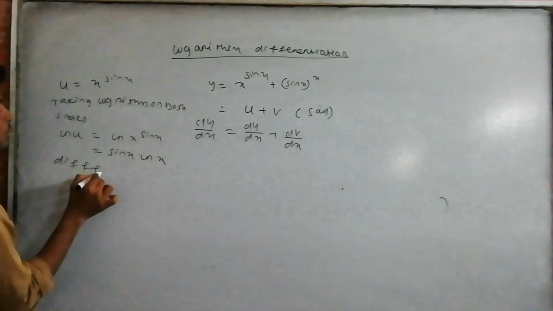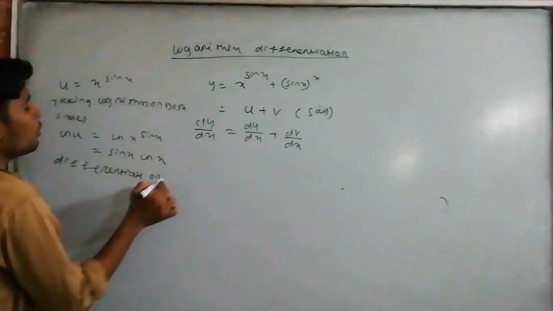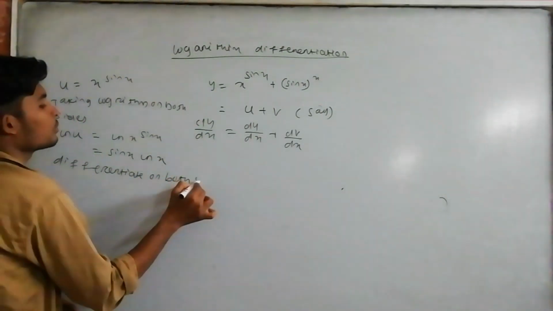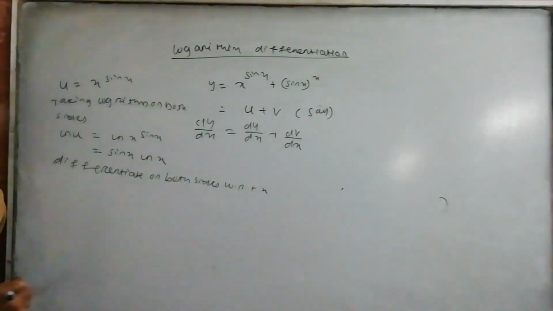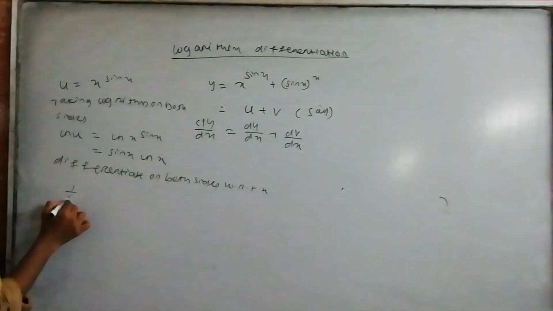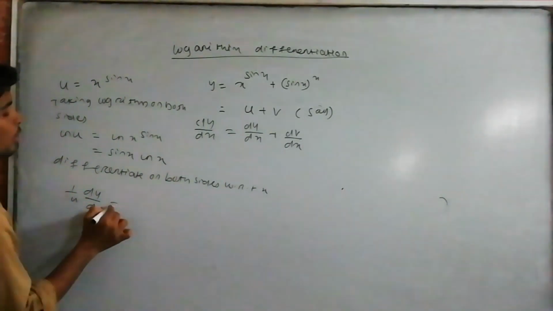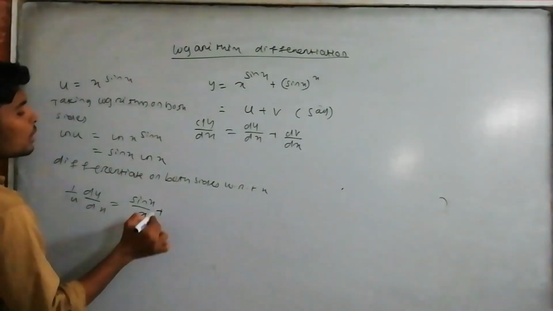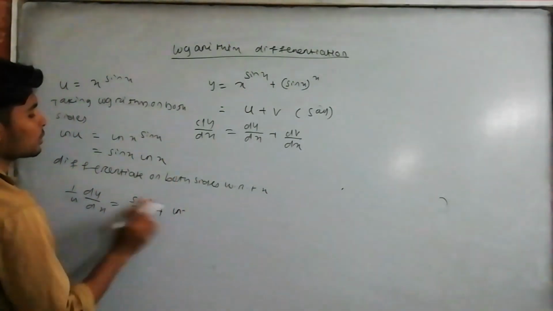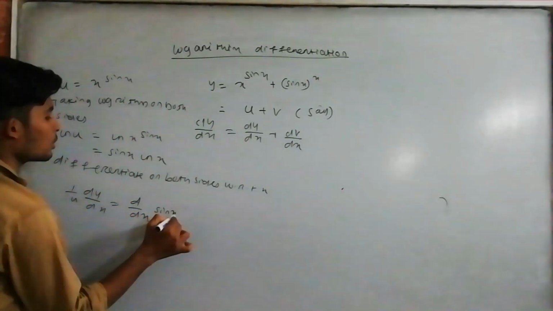Differentiate on both sides with respect to x. What do we get? So 1 by u du by dx equals sin x by x plus the derivative of ln x, look at this, d by dx of sin x ln x.